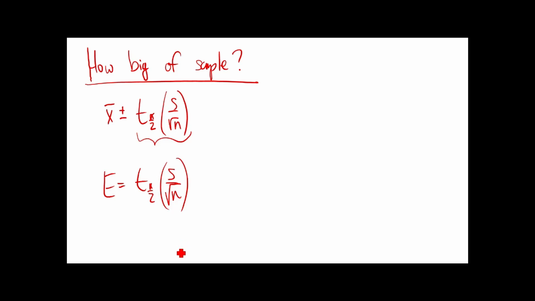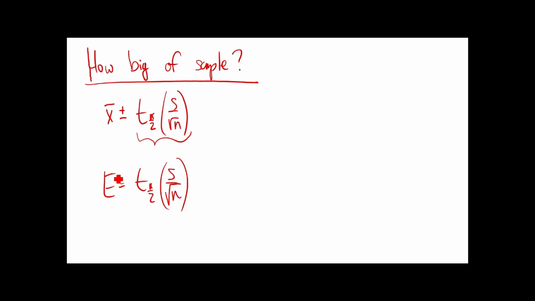So remember, this is before you take a sample. You're trying to figure out how many samples to take. So let's say you're taking the CVC students and you're trying to estimate their hours of work. Maybe I want my margin of error to be within 2 hours with 95% confidence. So I want my margin of error to be 2 hours or less.